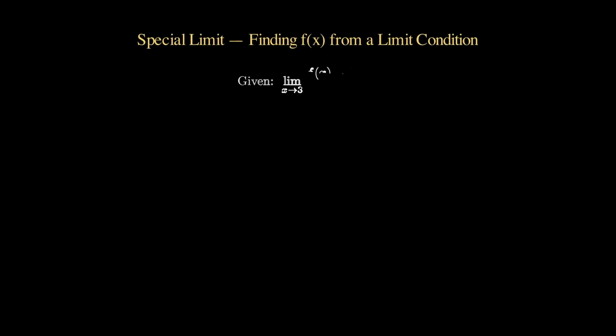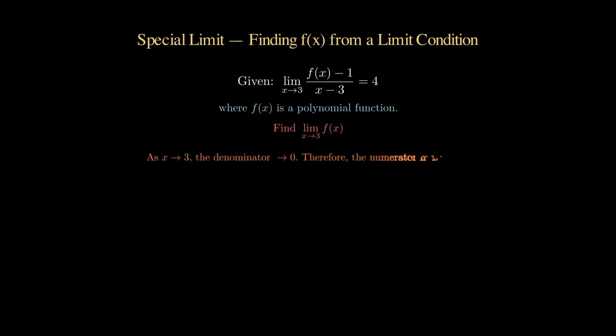Now, a special type of question. Given that the limit as x approaches 3 of f of x minus 1 over x minus 3 equals 4, where f of x is a polynomial, find the limit of f of x as x approaches 3. As x approaches 3, the denominator approaches 0.